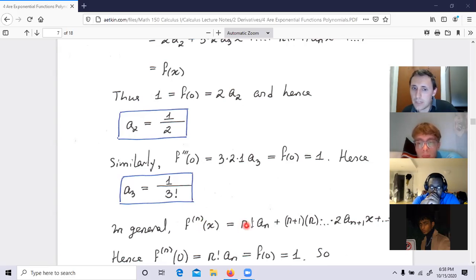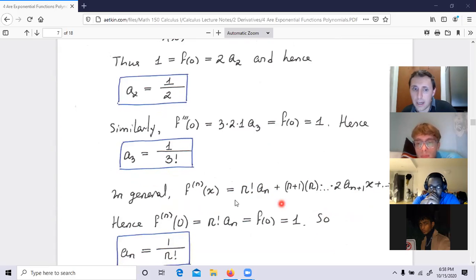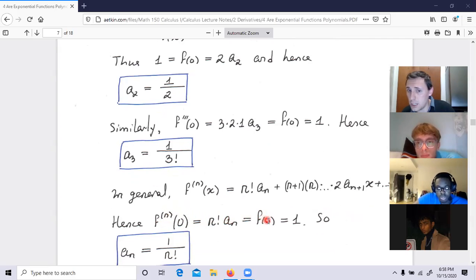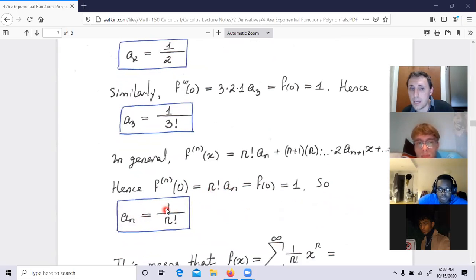Do you agree? N derivatives will eliminate the x, and we'll just keep n factorial times the coefficient that I had before. And now when I plug 0, everything else has an x. It's disappeared. So I have that the nth derivative at 0 is n factorial times a sub n, but the nth derivative is equal to the function. It doesn't change. And then if I plug 0, I get 1. So I get that a sub n is equal to 1 divided by n factorial.